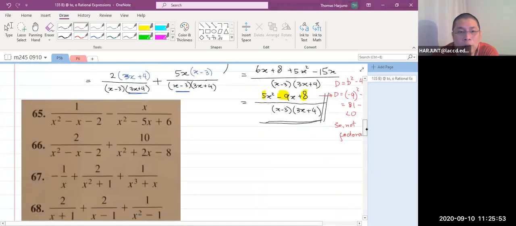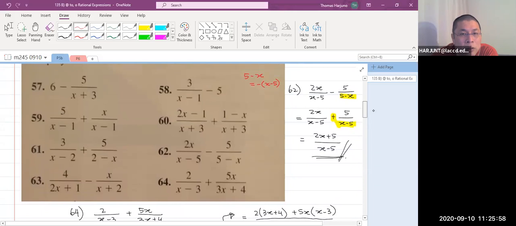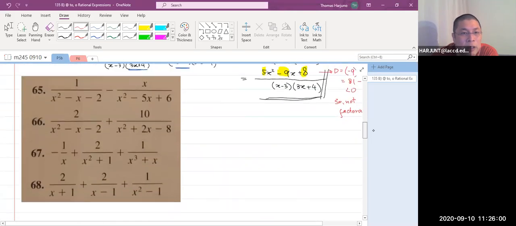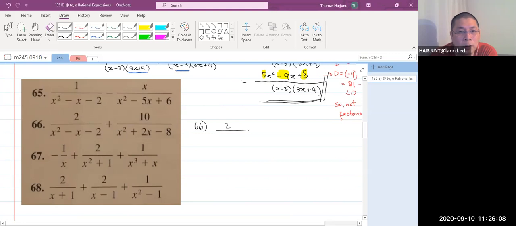Okay, let's go on. In the parts we had earlier, the LCD could be seen directly. For the later part, I don't think so. Let's say number 66: 2 over (x squared minus x minus 2) plus 10 over (x squared plus 2x minus 8). First, factor each denominator so that we can see what the LCD is supposed to be.